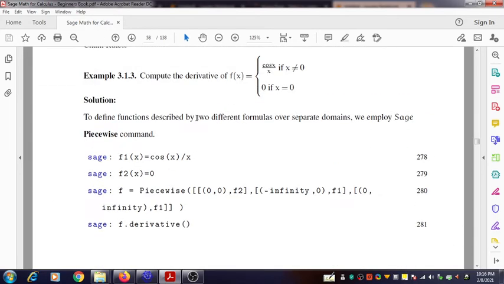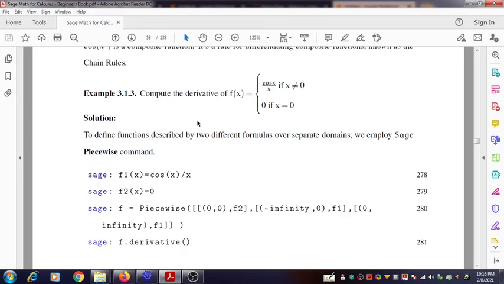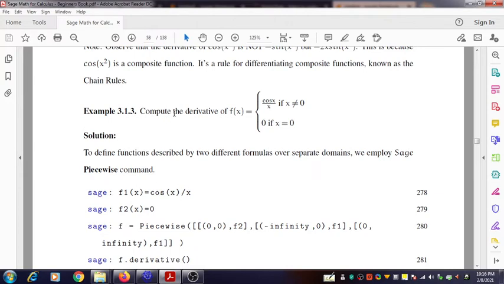Okay, now we are going to see another example of a function which can be called a split type of function, a function which doesn't take a single function value. See this function f(x) which is given in example 3.1.3.